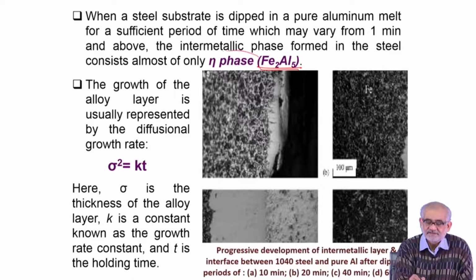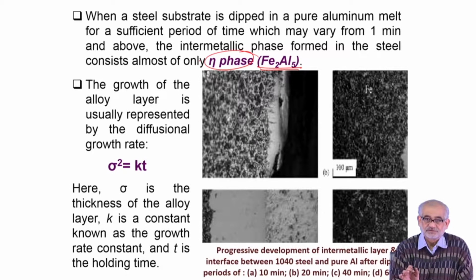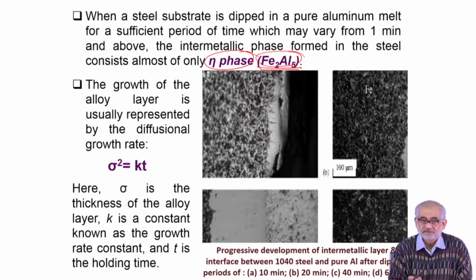In case of iron, typically one such eta phase that forms is an iron aluminide. Now this is both beneficial and a matter of concern. Beneficial because they are extremely stable, have very high melting temperature, and prevent oxygen ingression or cations, say iron or titanium, from moving out.